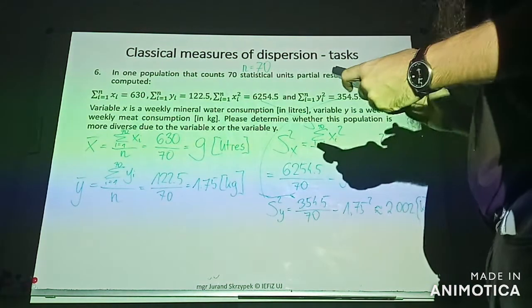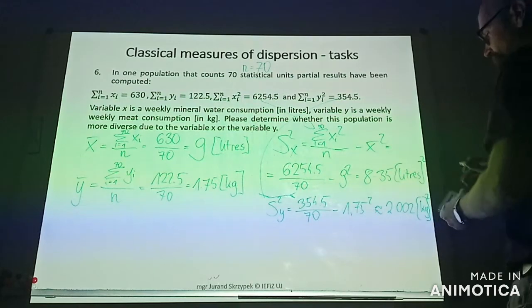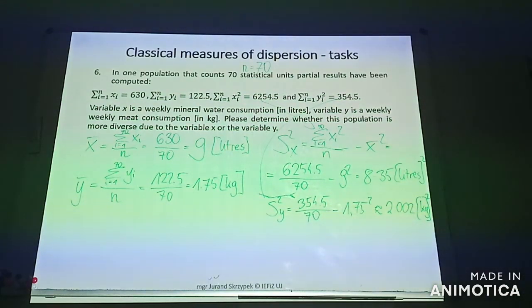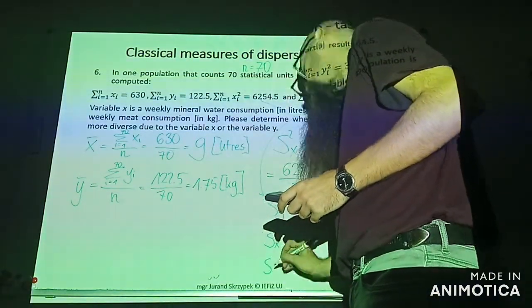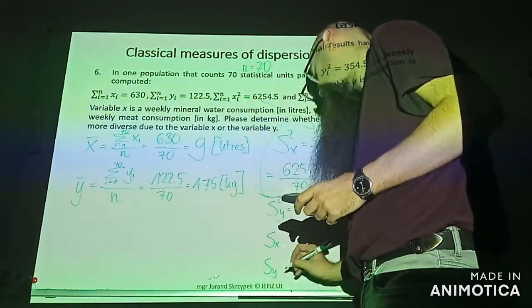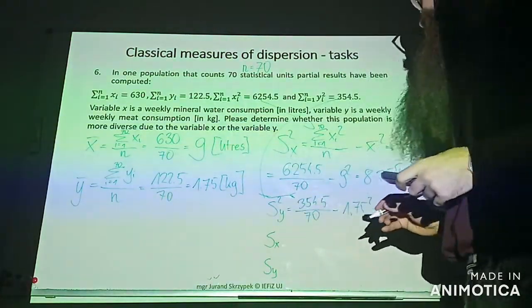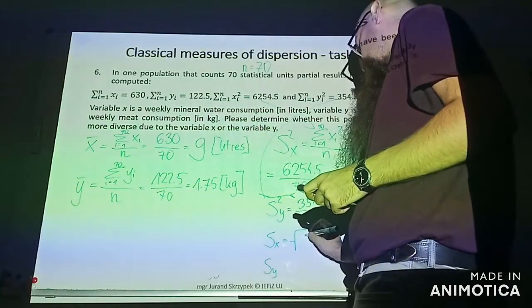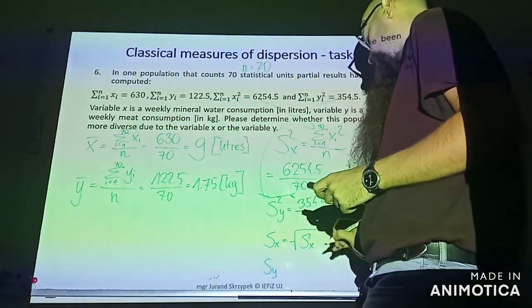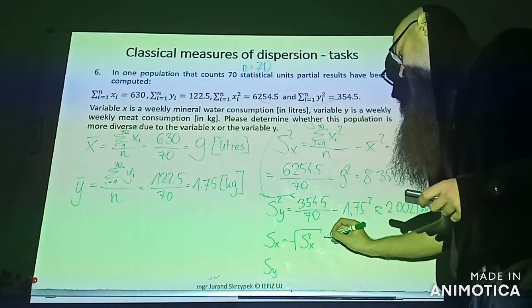Okay, but variance has no interpretation. I should compute the standard deviation of the variable x values and the standard deviation of the variable y values. The standard deviation of variable x values is the root of the variance of variable x values.